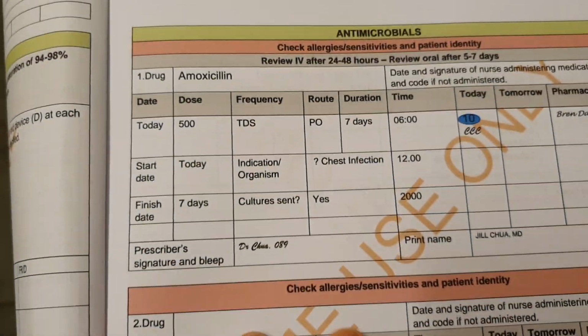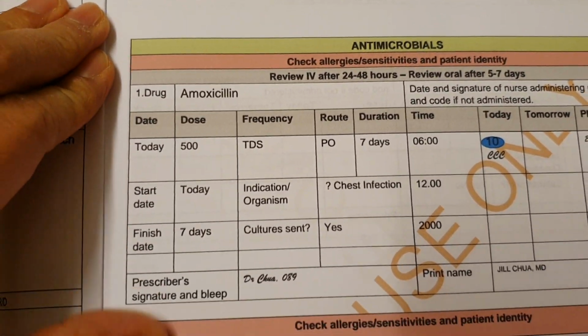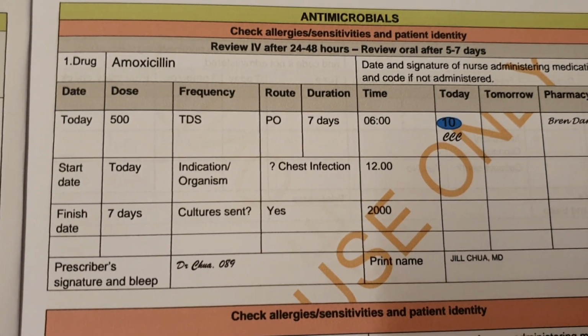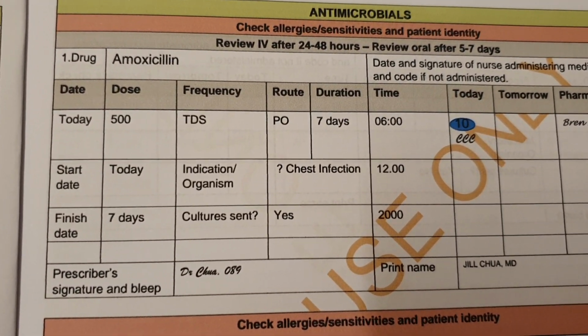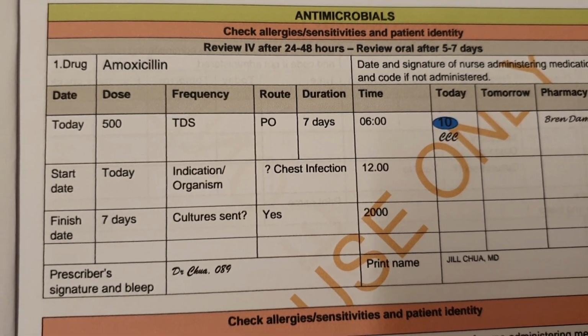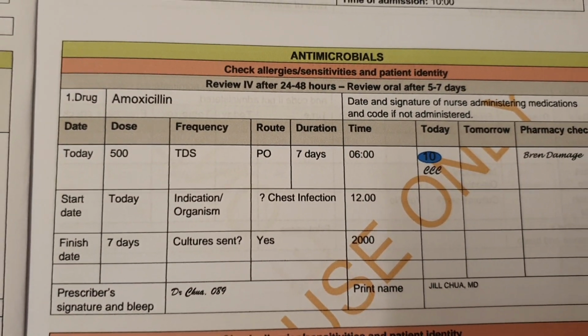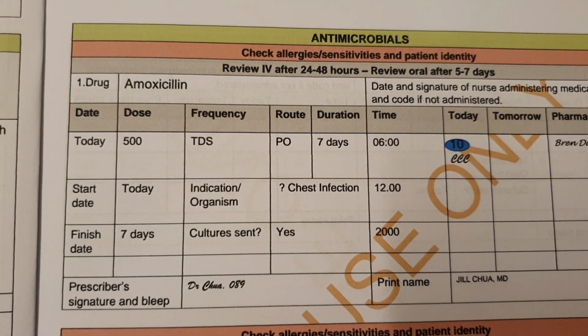Many patients are allergic to antibiotics. I do apologize, I will take it back. So you need to go back to that information where you can see the patient's allergy.